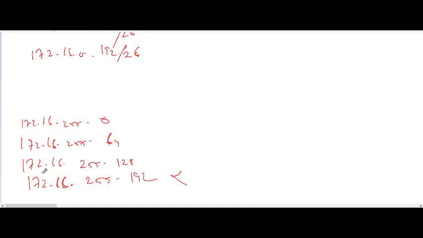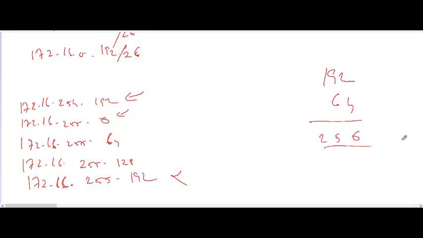Now let us check whether we'll be able to receive 55 IP addresses at least. You see, the first IP will be 172.16.0.1. What will be the broadcast? Please answer.